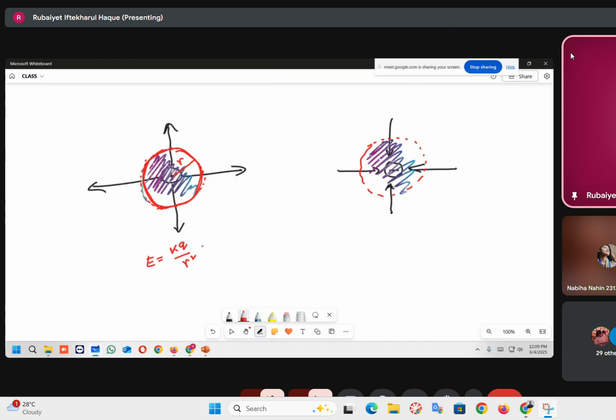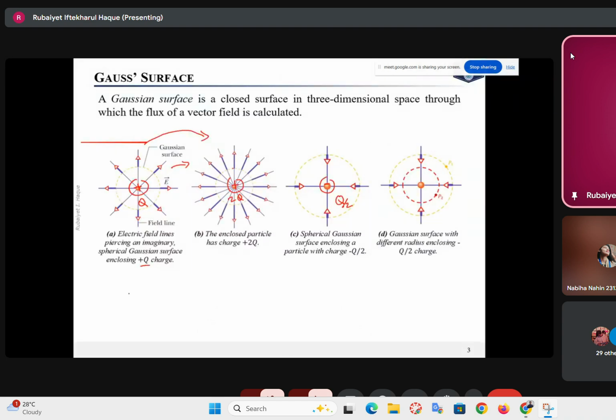So for the first one, what will be the electric field anywhere on this particular Gauss surface? E equals kQ, capital Q, by r squared, if r is the radius here. For the second one, if you want to write it down, it is 2kQ by r squared, because Q here is double.